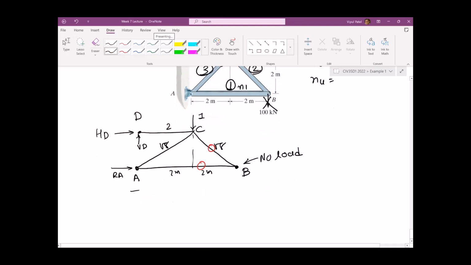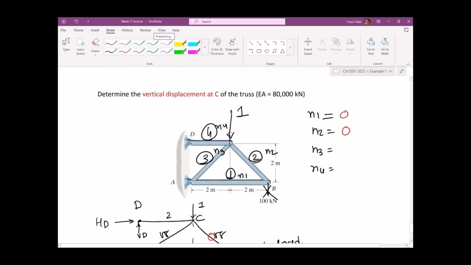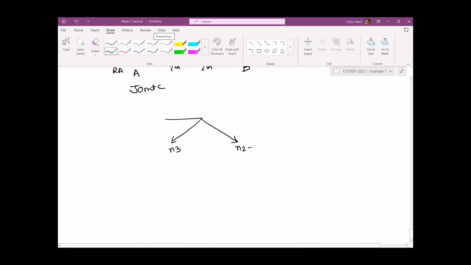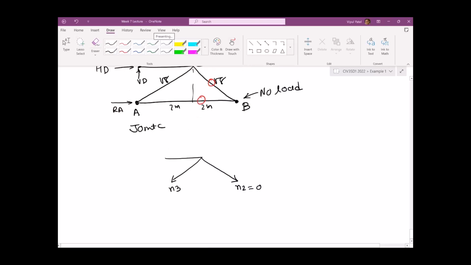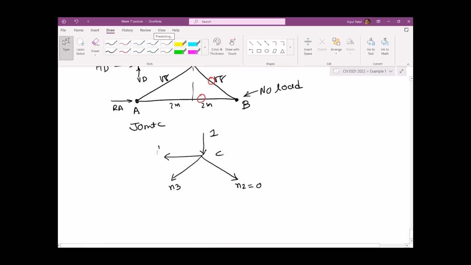Then if I use joint number C, we have this: this is N3, this is N2, and that is 0. That is joint C, and there is a 1 here, and this one is N4. By the way, this is 2 to square root 8.